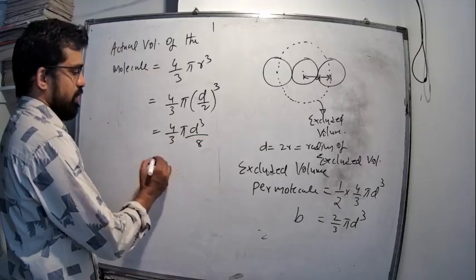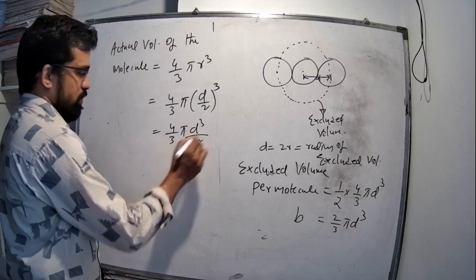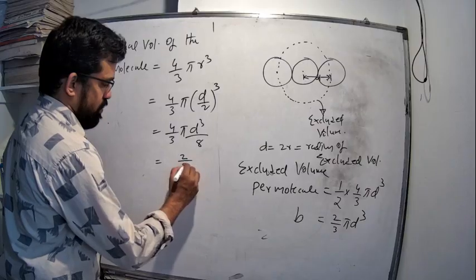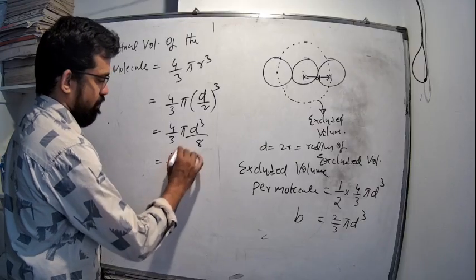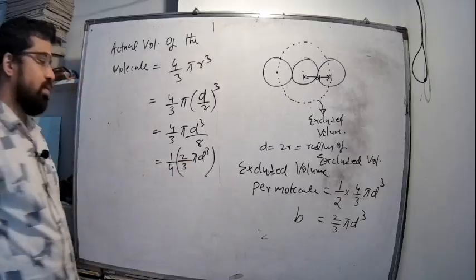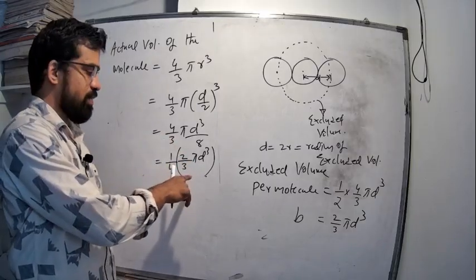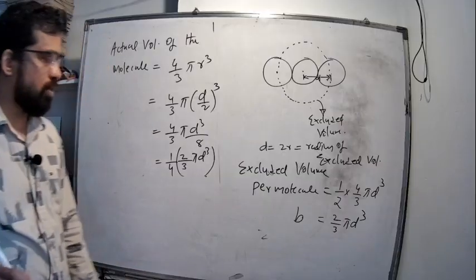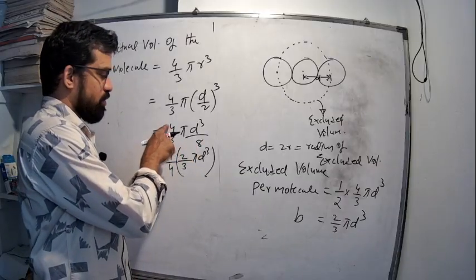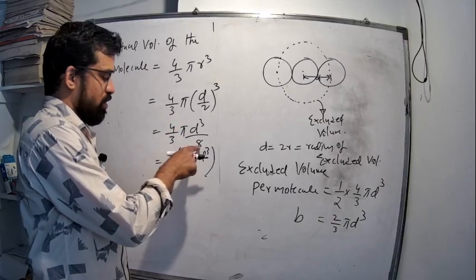This can be written as 2/3 into 1/4 pi d cube. I am just rewriting this to get a relation: I have taken out the 2, and cancelling it leaves the 4.